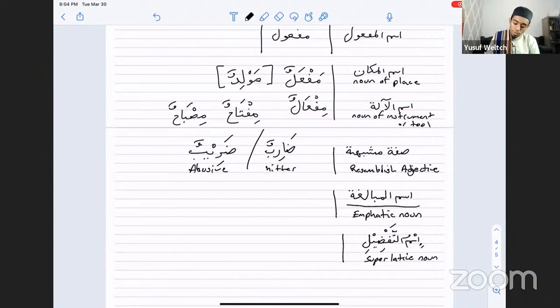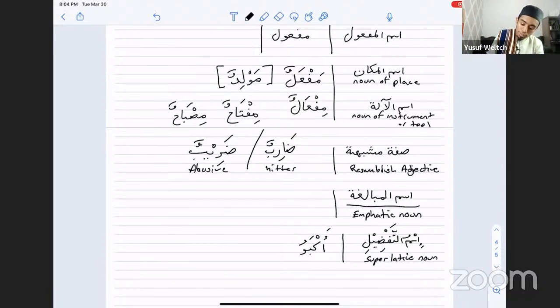It does entail an emphasis on the root letters. The root letters here are kabir. Kabir means big, either physically or in status. But akbar means bigger. So there is an emphasis, but it's in comparison. It's not an intrinsic emphasis.